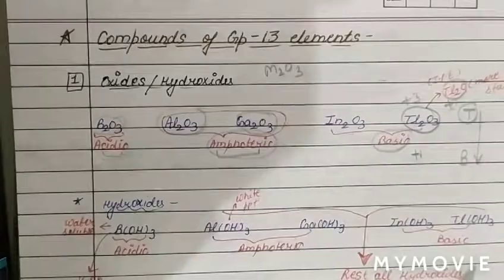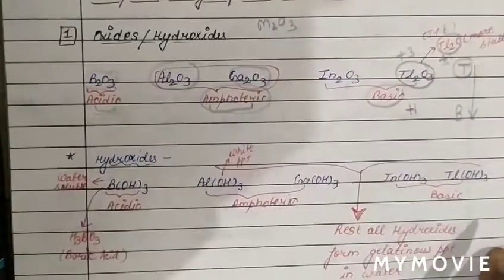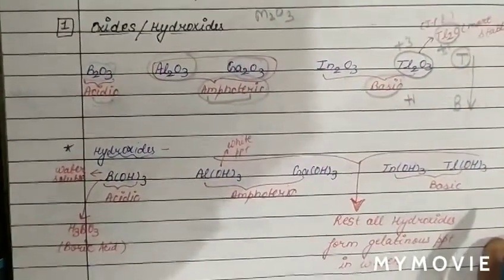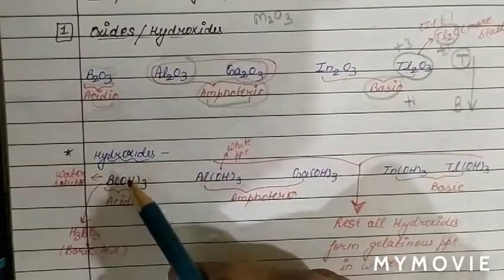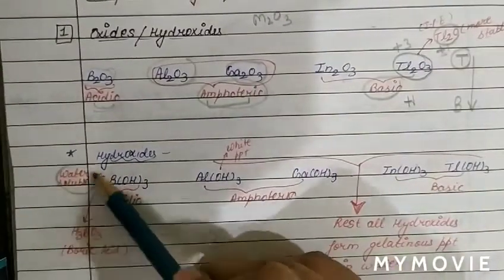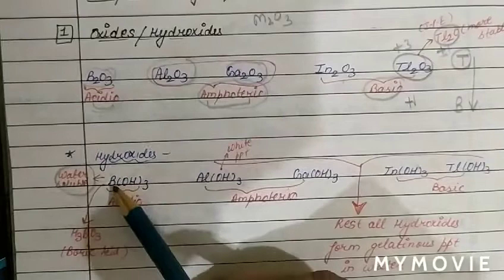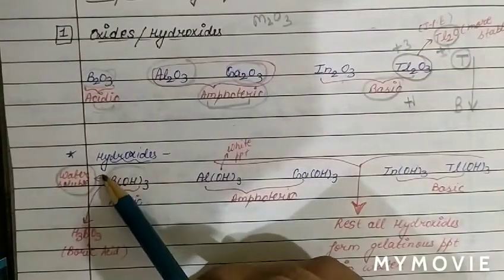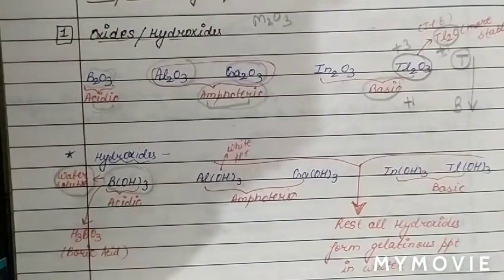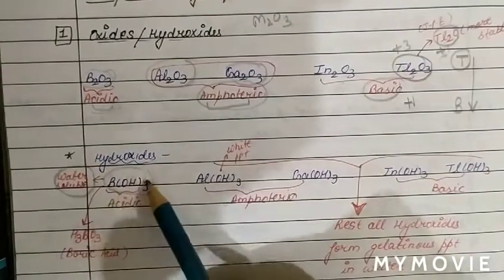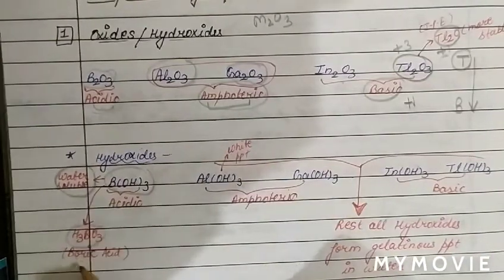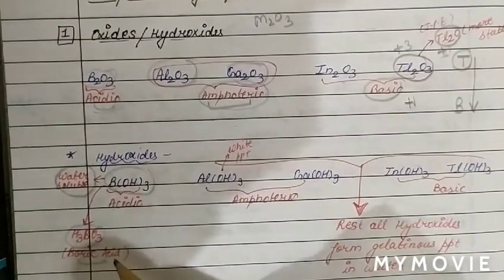Now see the hydroxides of these. Boron forms a water soluble hydroxide, which is B(OH)3. We can also call this boric acid, so B(OH)3 is basically H3BO3. We call this acid boric acid.